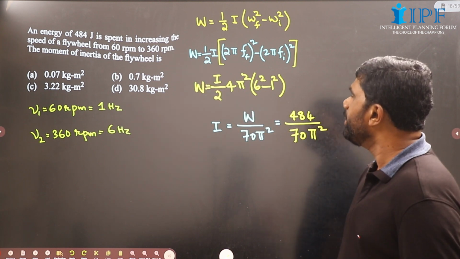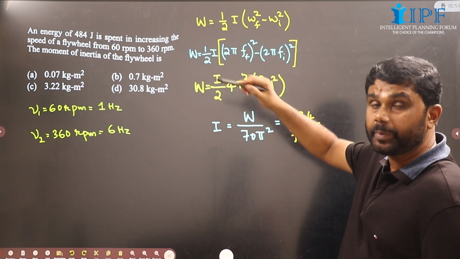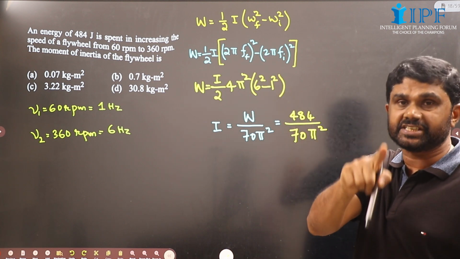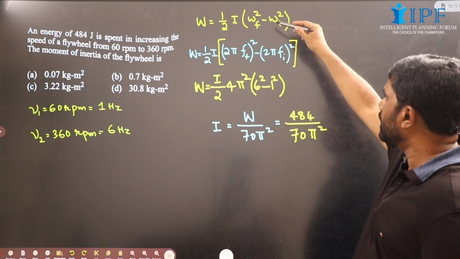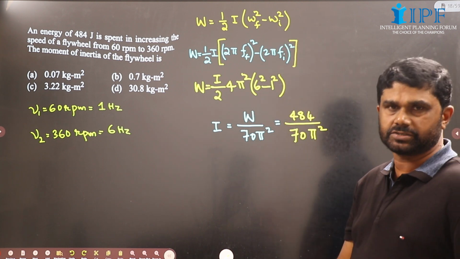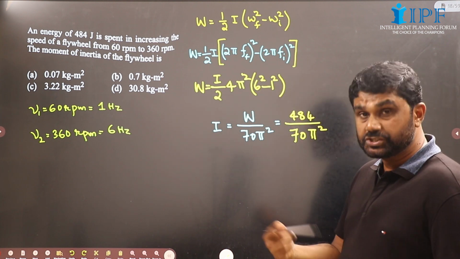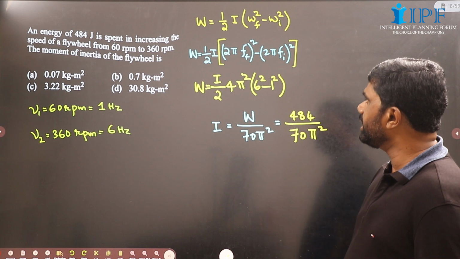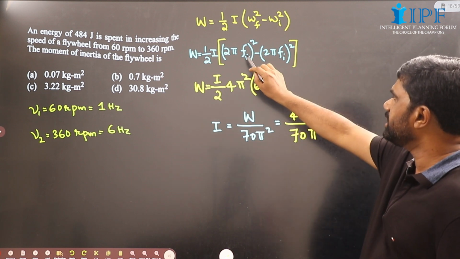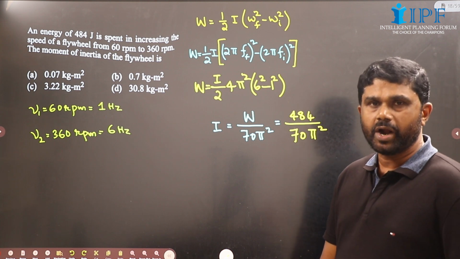And omega is 2 pi f. So final angular velocity will be 2 pi into final frequency, that is 6 hertz. Initial angular velocity will be 2 pi into initial frequency, that is 1 hertz. See, we have 2 pi common here. 2 pi square means 4 pi square we can take outside. So what remains here? Here we will have 6 square, and here we will have 1 square.